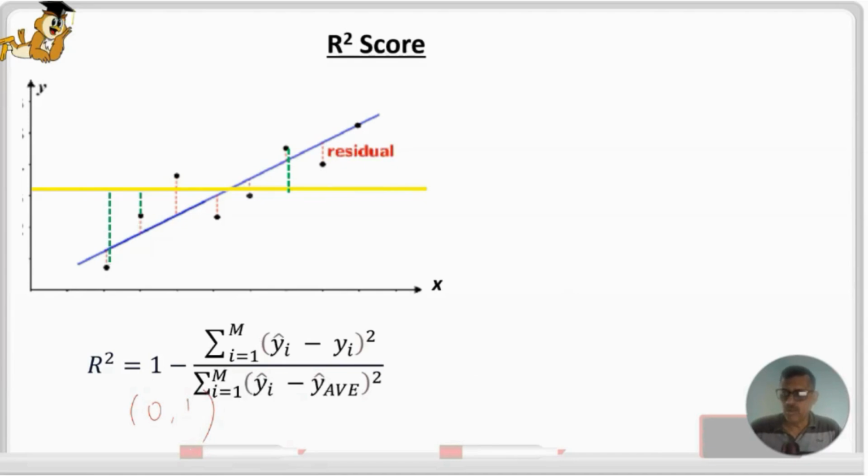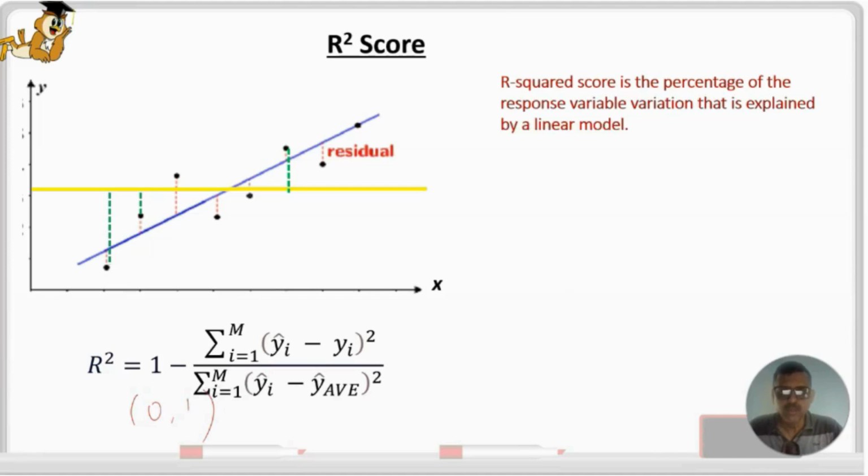Now this R square score has facets to it that we need to convince ourselves of. R square score is the percentage of response variable variation that is explained by the linear model. In the R square score, what you're really doing is comparing the performance of your linear regression model with your bare bones average.